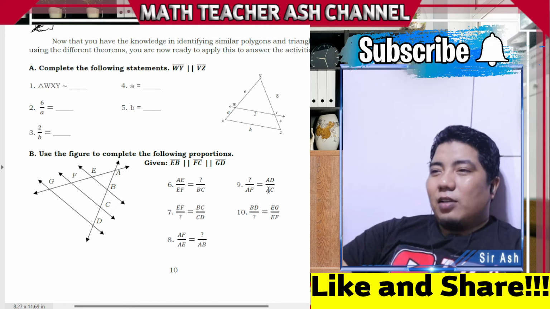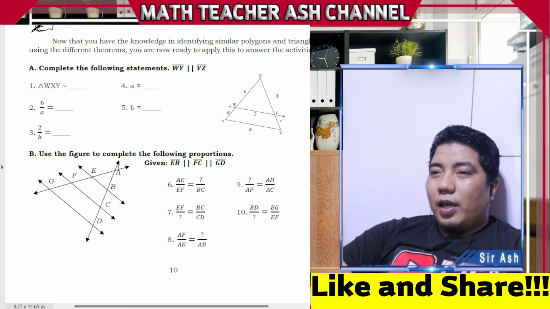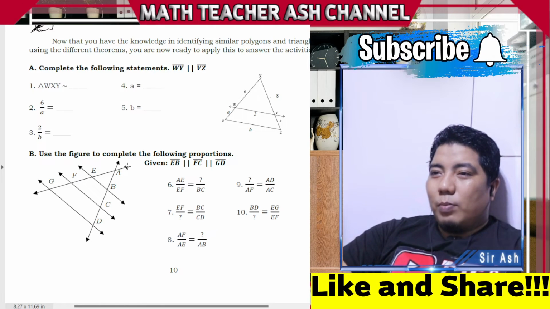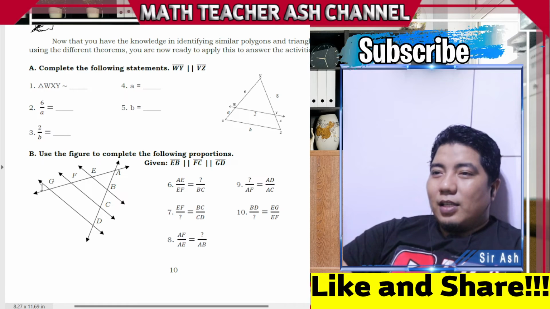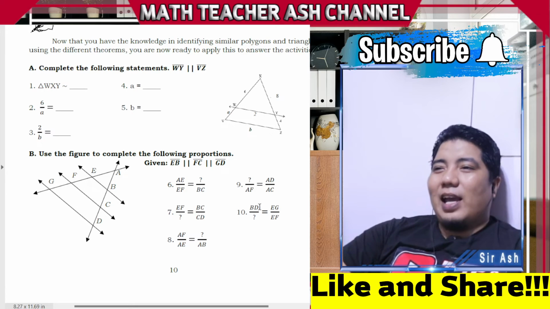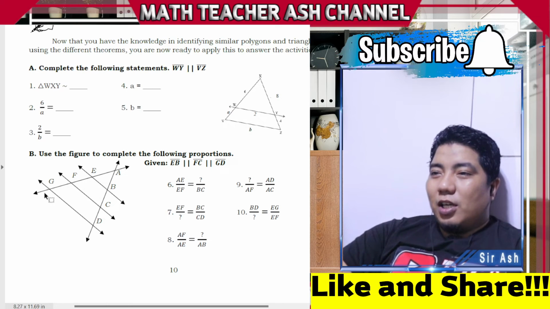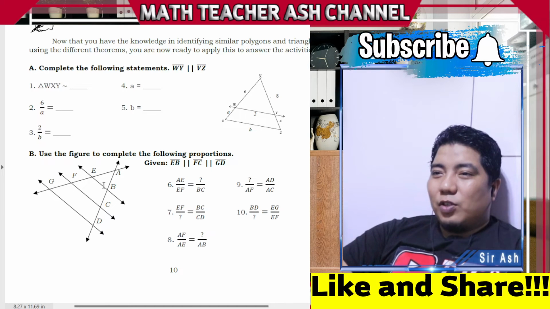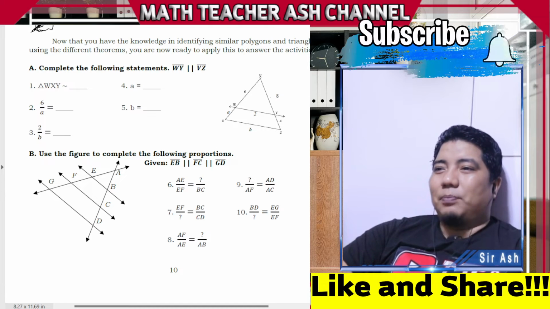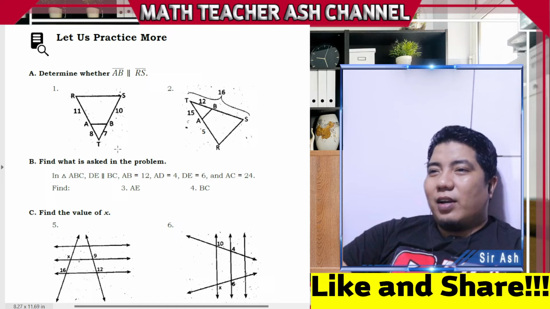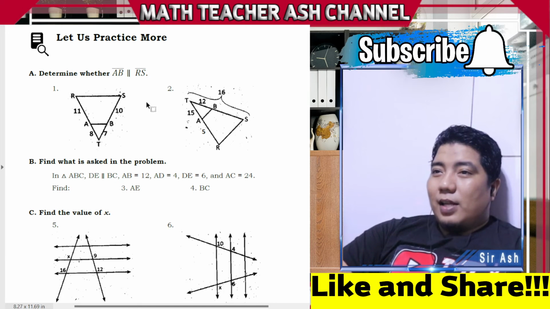So, here AD over AC, that will become AG over AF. And then we have EG over EF. So that will be BD over BC. It is very easy, my dear math learners. Next, we have here parallel sides.